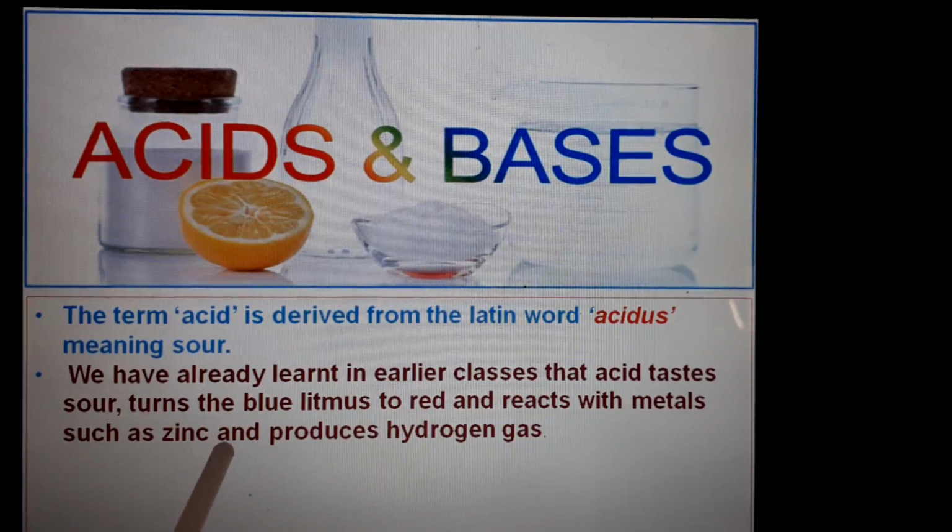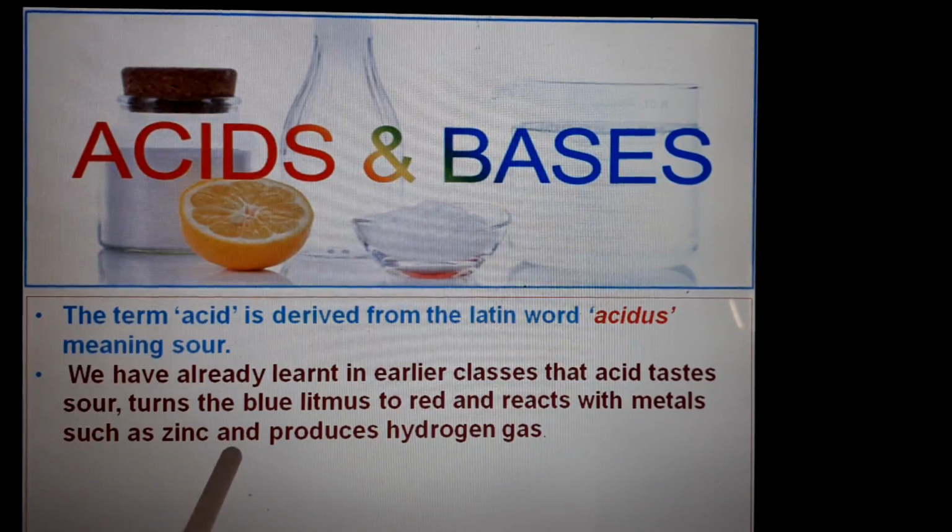Sour taste means we eat orange fruit, lemon, and grapes, and so many fruits. They all are sour taste. Tamarind also. This is the reason the word acid comes from the Latin word acidus.